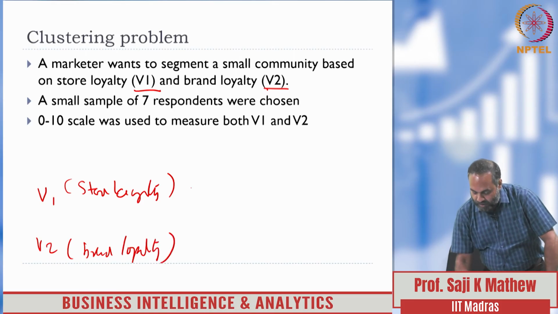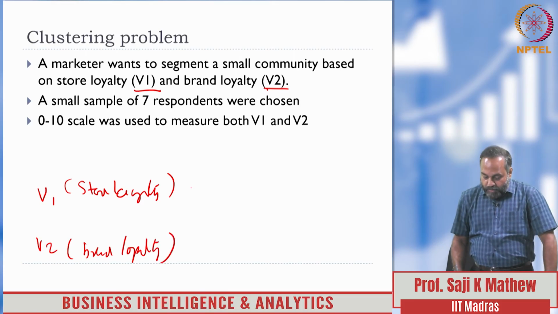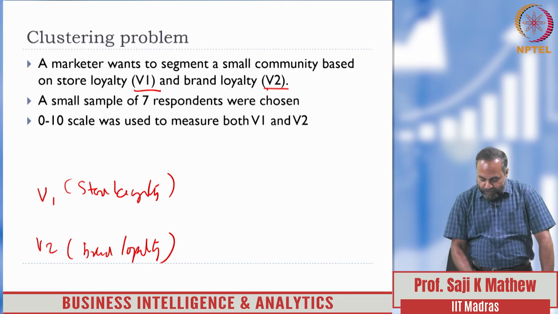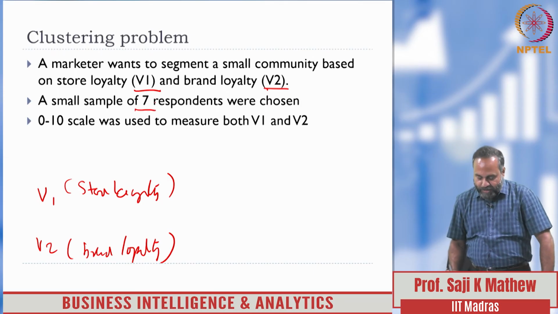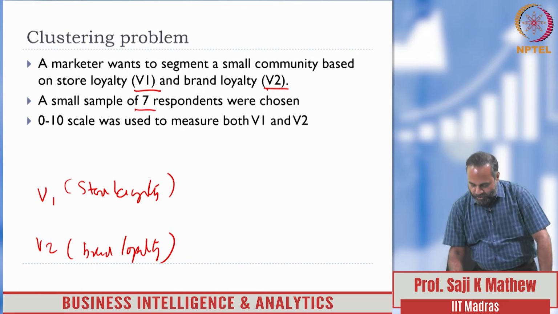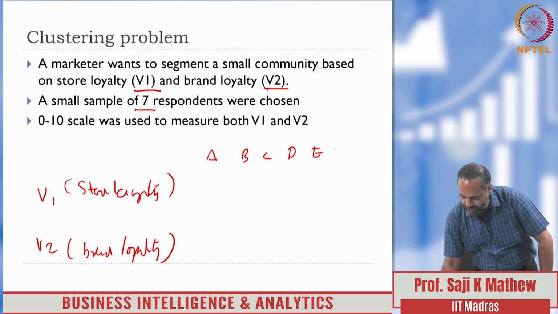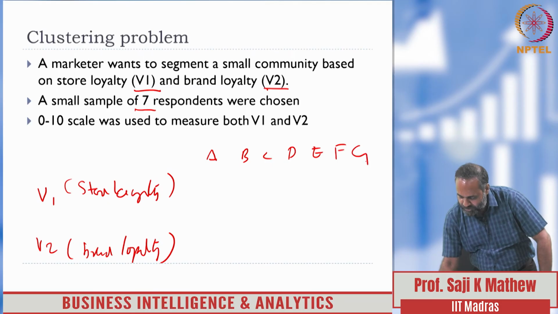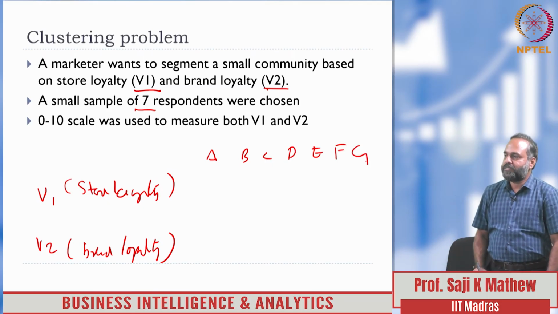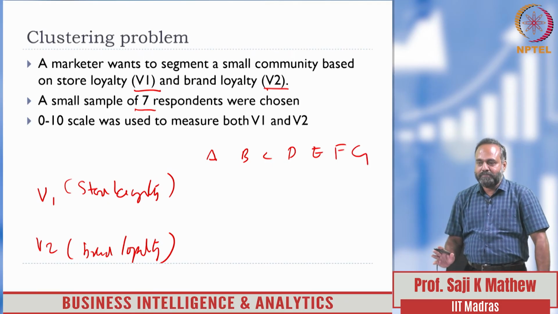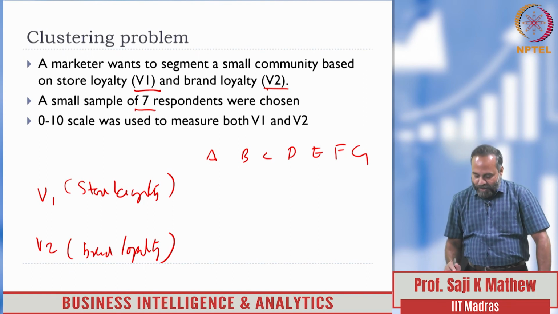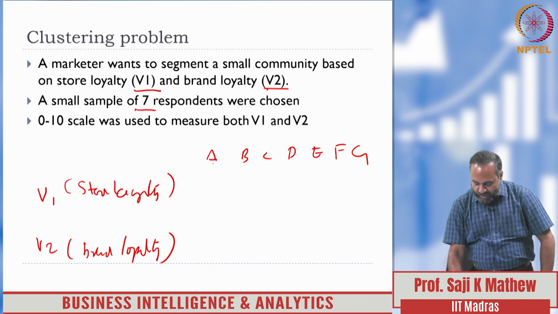Seven respondents were given this instrument, so you can label the 7 respondents as A, B, C, D, E, F, G. You get some data from each respondent.